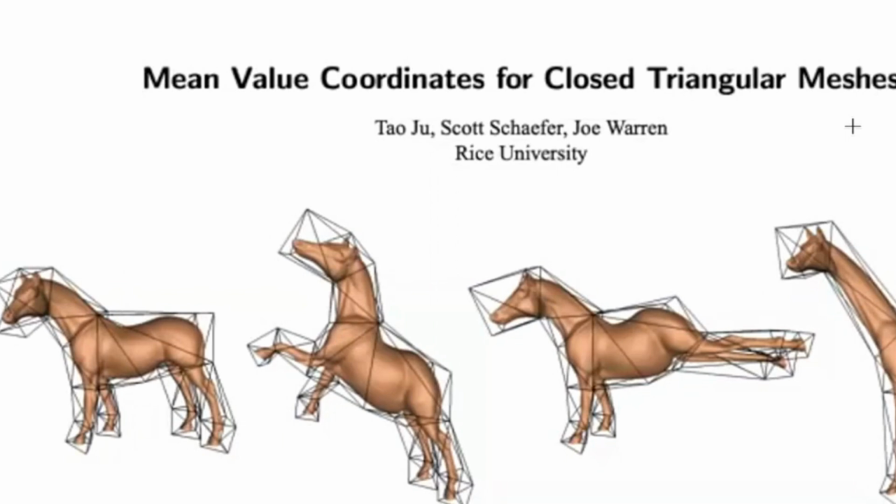If they want to animate a horse, they'll put this cage around it, and then they can put fewer points on the cage, so it would require fewer calculations to move it. You have fewer intersection points on the cage than you would on the original character.